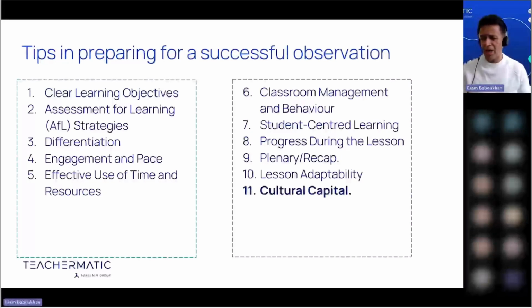I have highlighted the last one because I think all of them, as teachers, are quite self-explanatory, but the last one is something to explain: broader learning context. Ofsted values lessons that develop students' cultural capital by exposing them to ideas, knowledge, and experiences beyond their immediate environment.